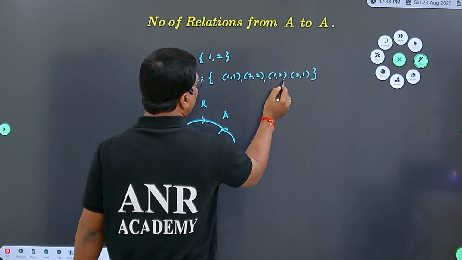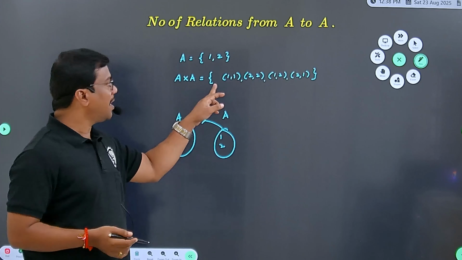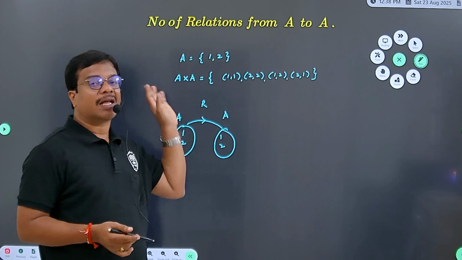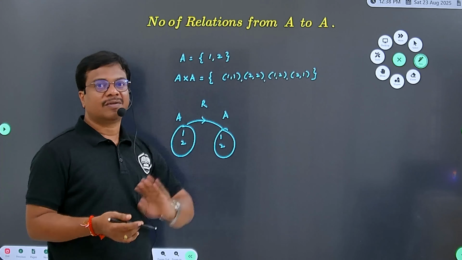So in total there are 4 ordered pairs in the set A cross A. Yes, this is about the cross product of two sets.